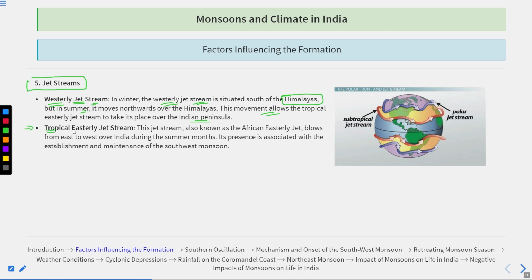Then the tropical easterly jet stream, also known as the African easterly jet. This blows from east to west over India during the summer months, and its presence is associated with the establishment and maintenance of the southwest monsoon. Okay.